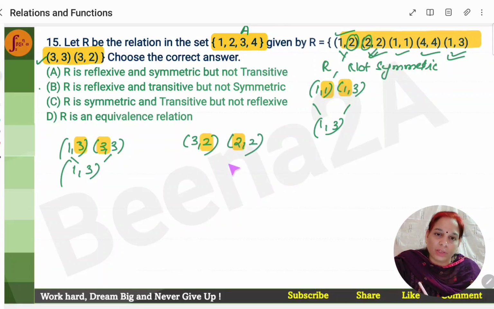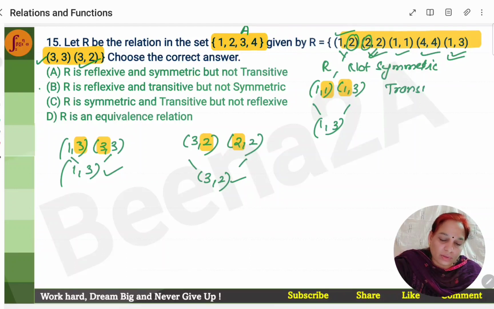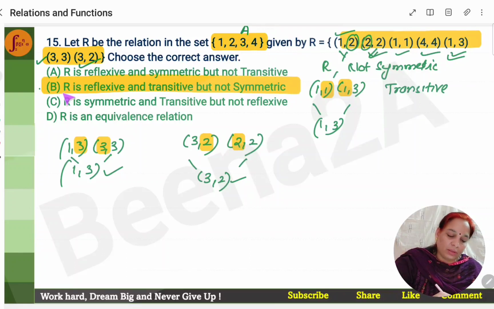So we should take this combination and check. What is the third ordered pair? It should be (3,2). Do we have (3,2) here? Yes, (3,2) is here. So I think we have checked all the combinations, right? So this is transitive. Now we see it is reflexive and transitive. The option is B. R is reflexive and transitive but not symmetric.